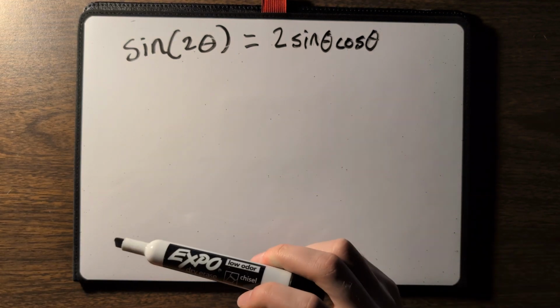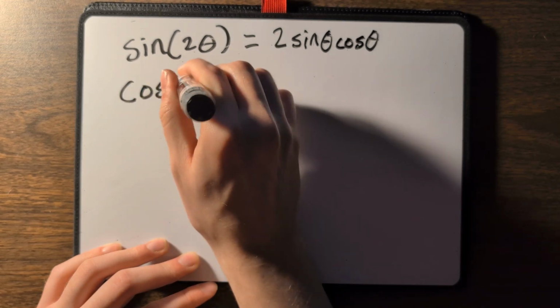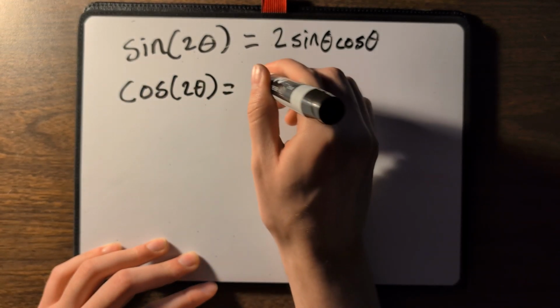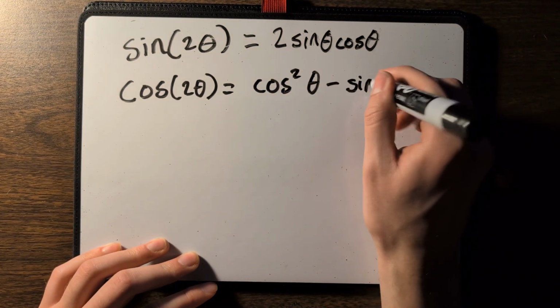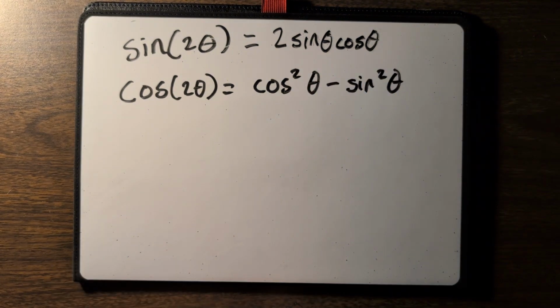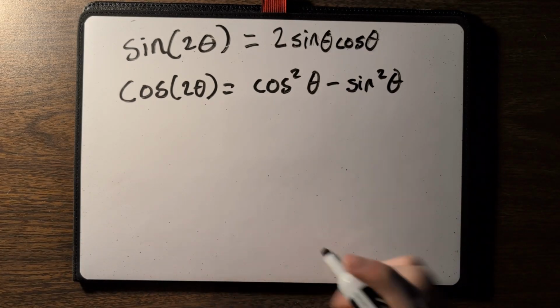We can kind of get into an easier form here. Same thing with cosine. We have cosine squared theta minus sine squared theta. Again, used for a lot of identities, algebra and solving equations.